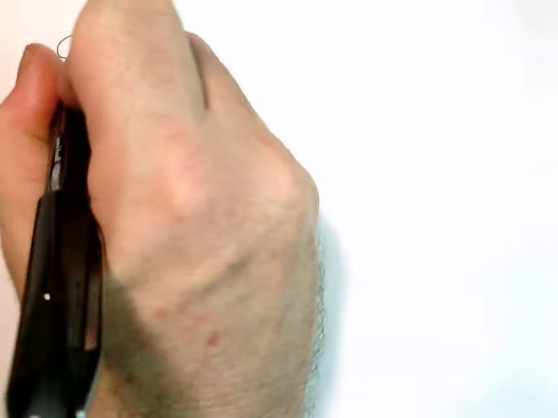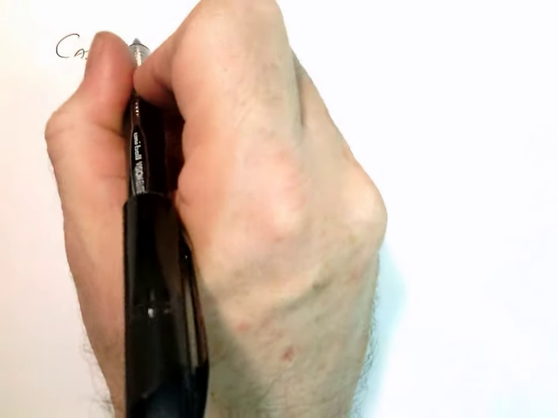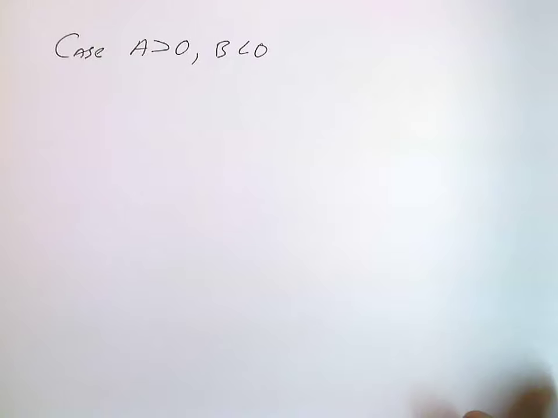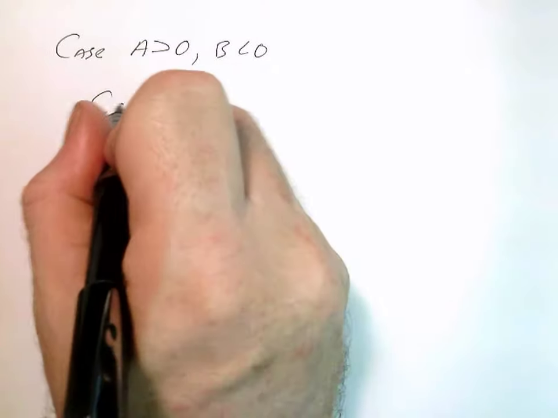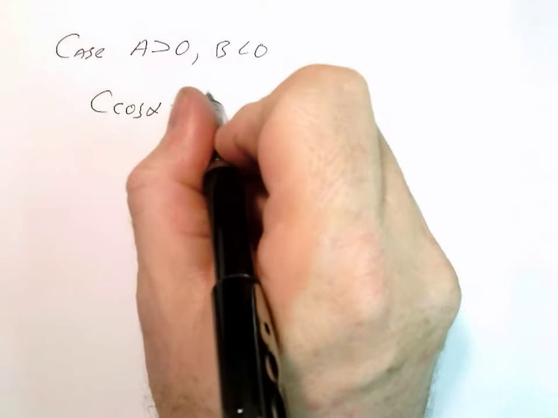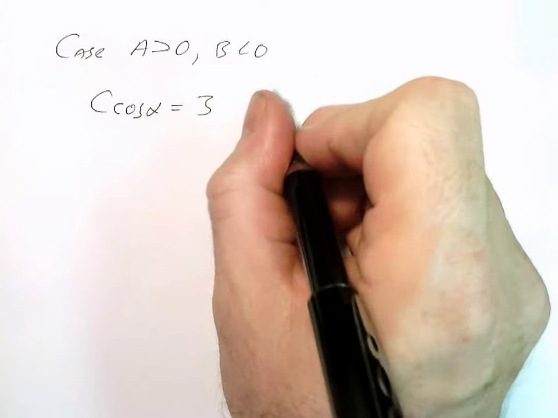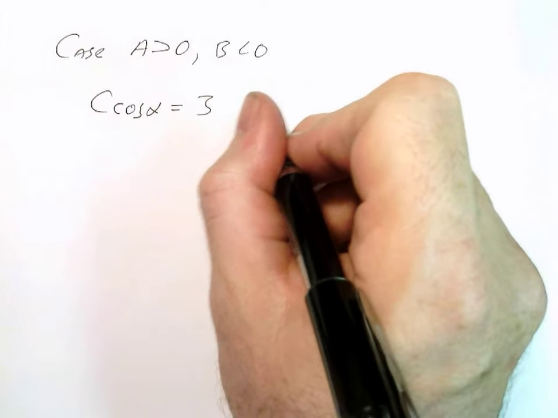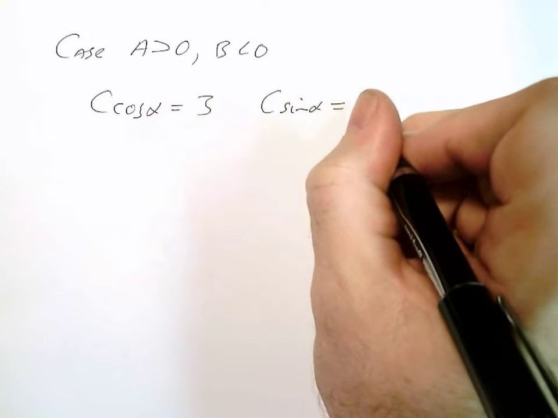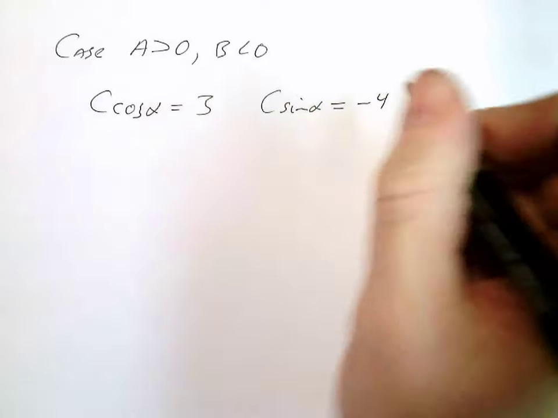And then finally, I have the case where A is bigger than 0, B is less than 0. Okay? So maybe I have C cosine of alpha is 3, and maybe C sine of alpha is negative 4.